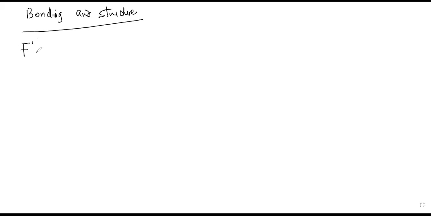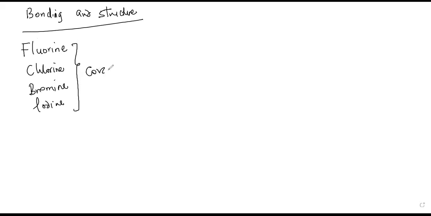Fluorine, chlorine, bromine, and finally iodine are all covalent. So the type of bonding exhibited by all these is covalent, and all of them have the structure called simple molecular.